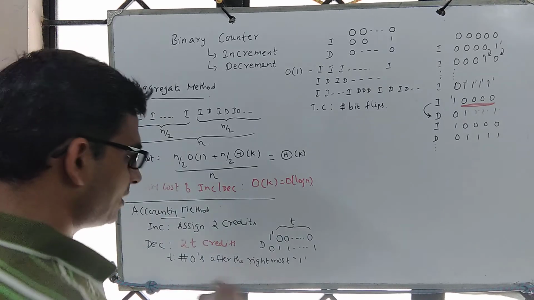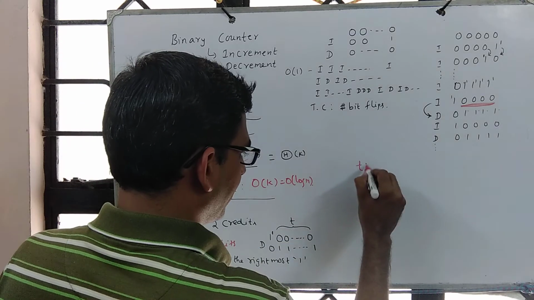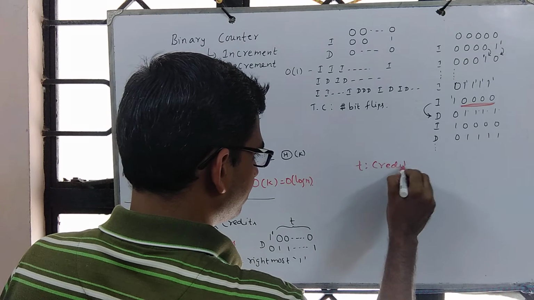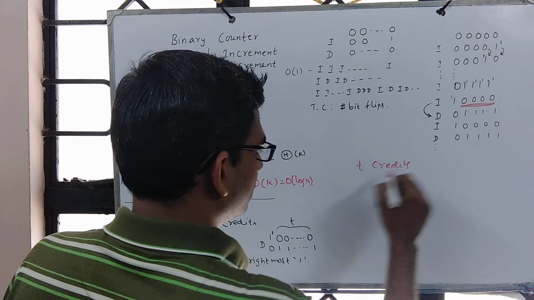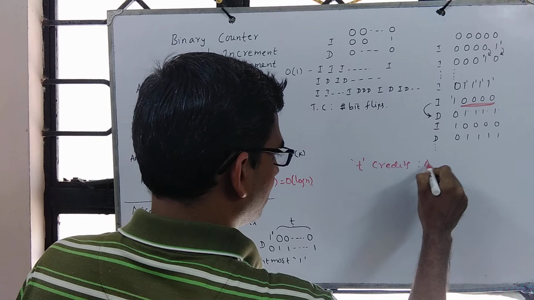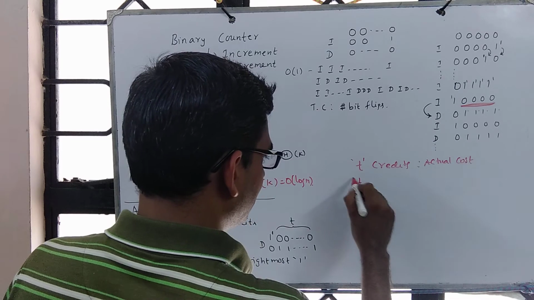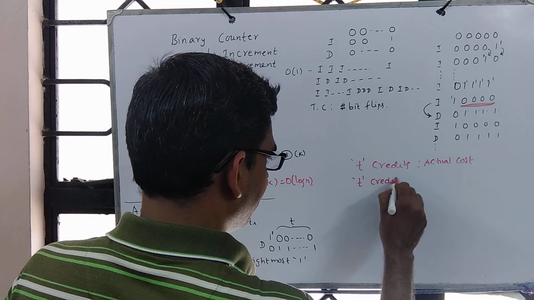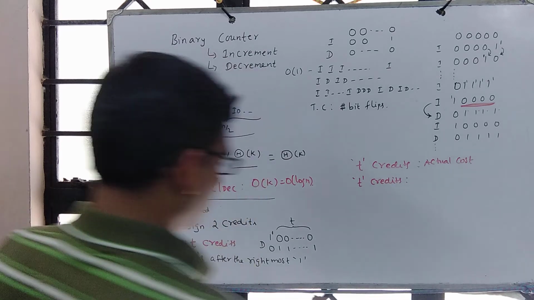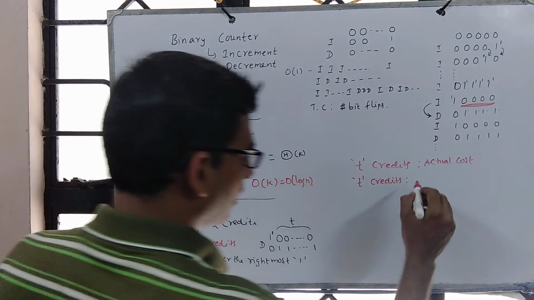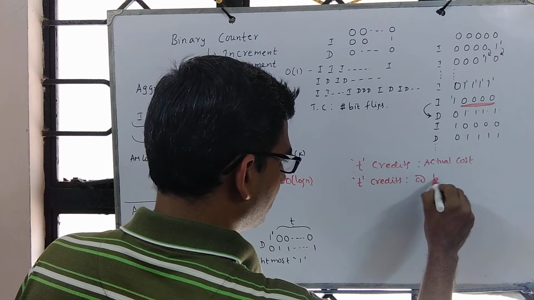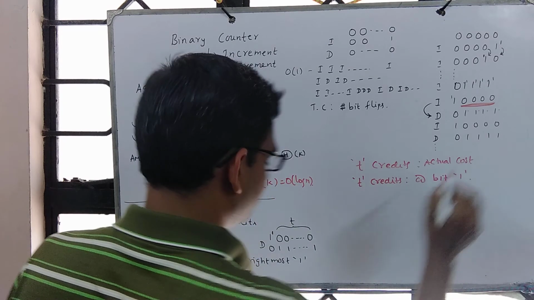So T credits for the actual cost, and the other T credits you store with the framework or at bit 1.